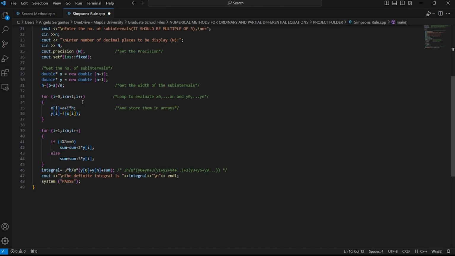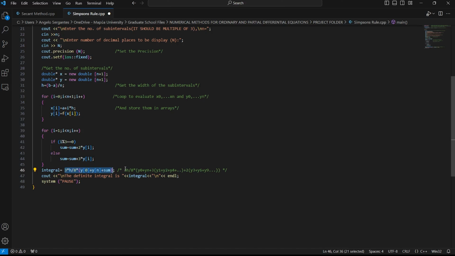After evaluating all the points of the integration for Simpson's 3/8 rule, the program will now solve the integral as expressed in this program.